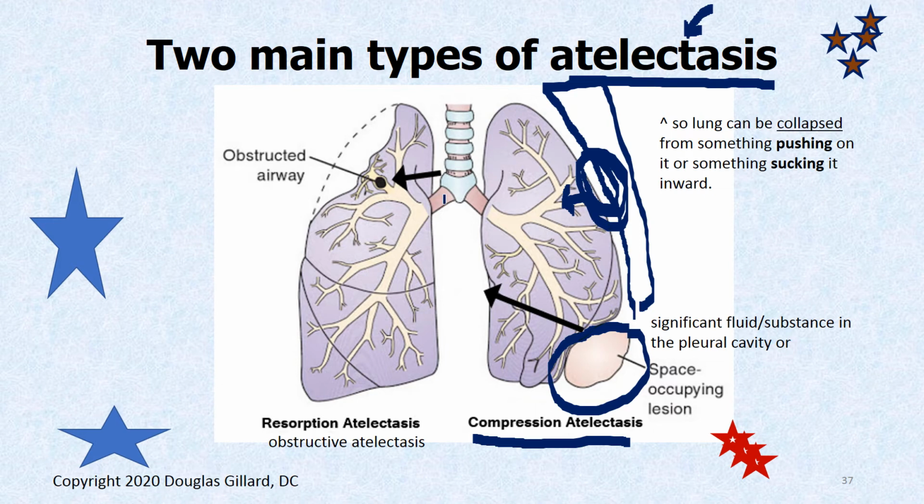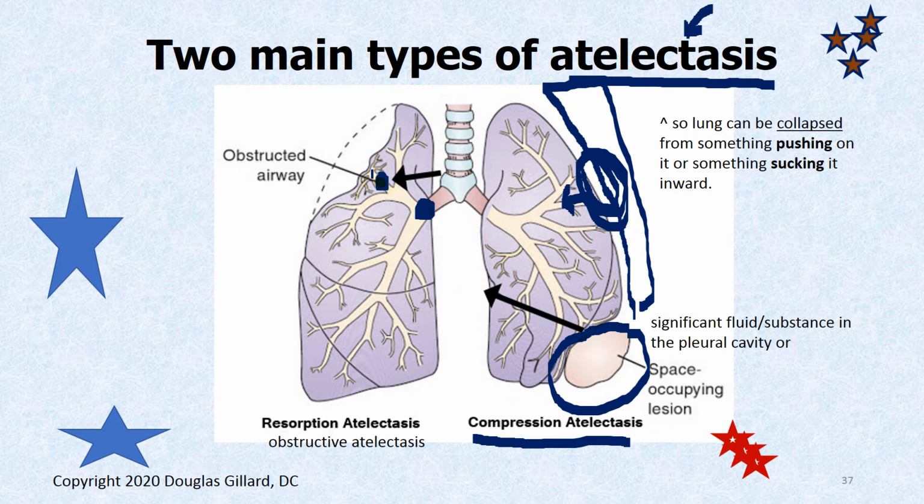There's something called an obstructive atelectasis or a reabsorptive atelectasis, where you get so much mucus that it completely closes off a pipe. It might be a small pipe, it might be a big pipe, it could be a main stem bronchus. What happens is you reabsorb, you suck all the oxygen out. Once this is blocked off, all the oxygen is sucked out, and you need to exchange oxygen for carbon dioxide.